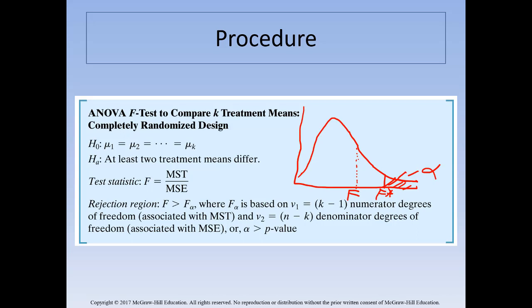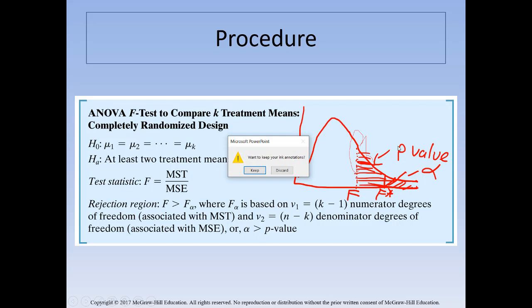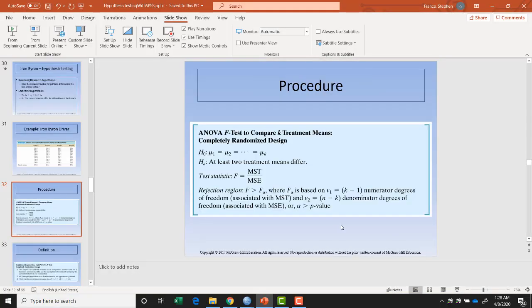Again, the area to the right is the P value. Sorry, this is the same color. Maybe I should have used the other pad. I prefer them different colors. So this is the P value.